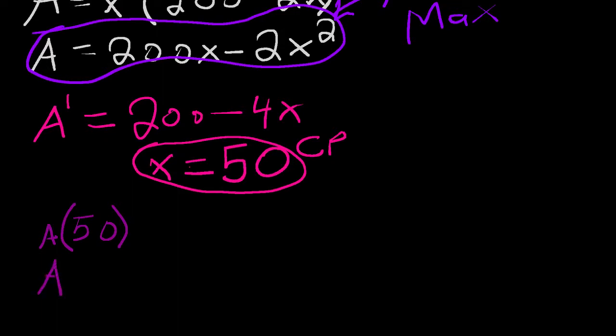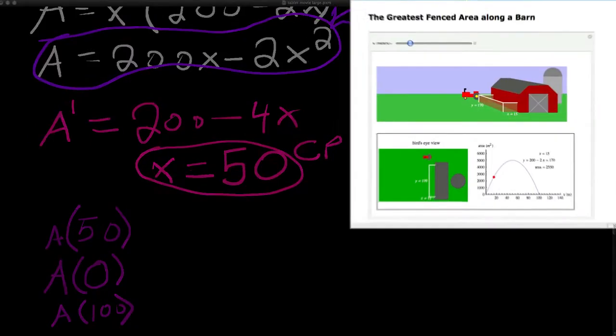Now, the endpoints, you don't really have to plug them in, but in this case anyways, you sometimes do. For example, remember this represents x, so the smallest x could be is 0, and the biggest x can be is 100. Let me show you guys why.